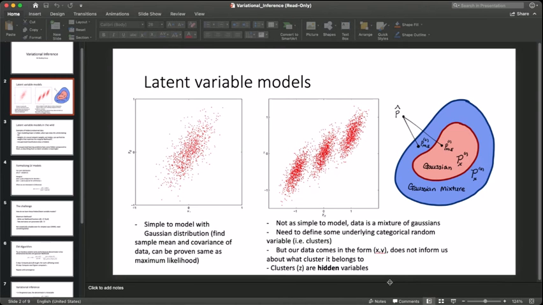I don't know where the name comes from. But this is essentially what a mixture of Gaussians is: sample a category, pick the Gaussian associated with that category, and generate the data. Make sense? Yes. Okay.